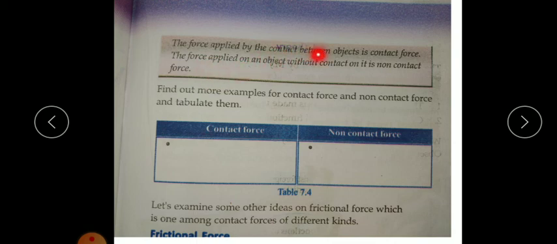So what is contact force and what is non-contact force is given here. So read it, okay? Then find out more examples for contact force and non-contact force and tabulate them.